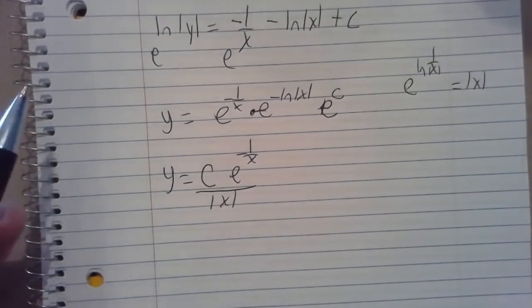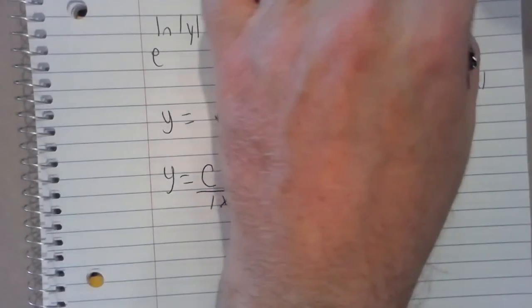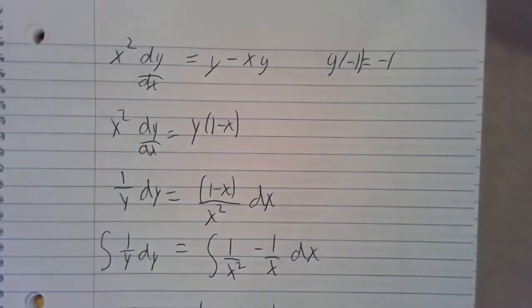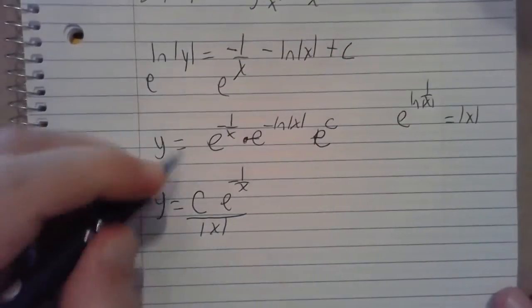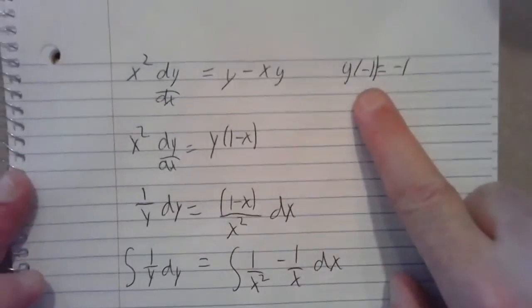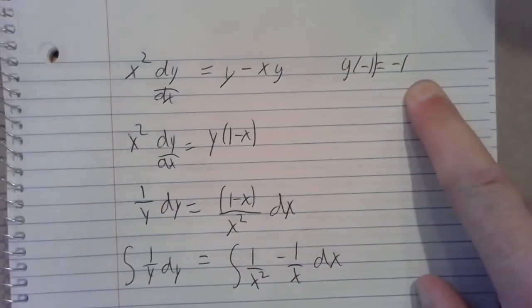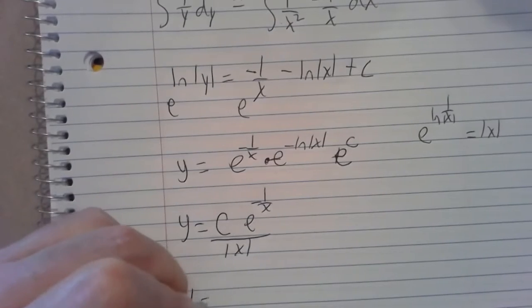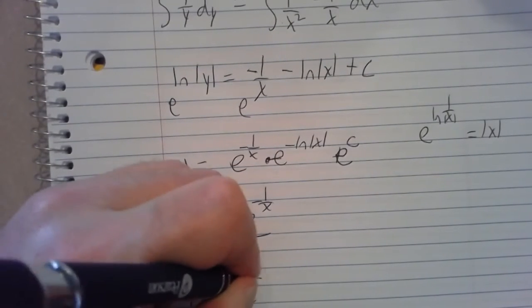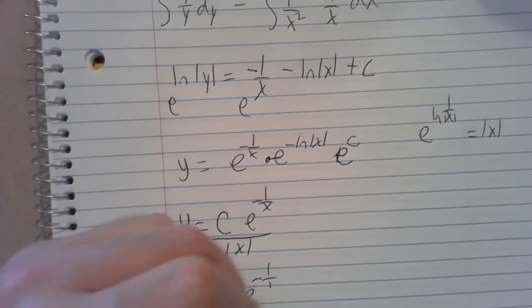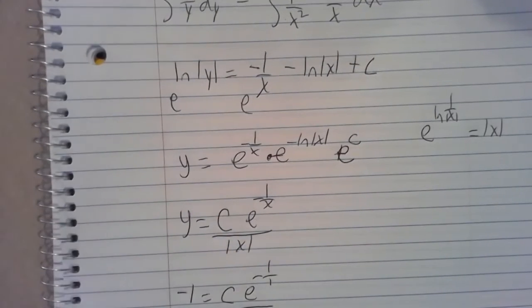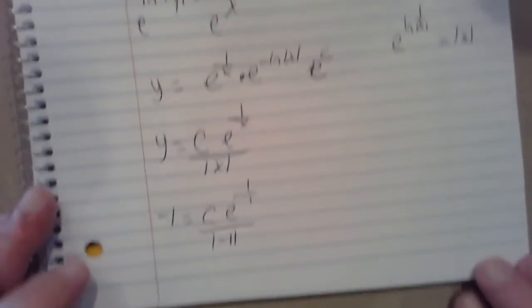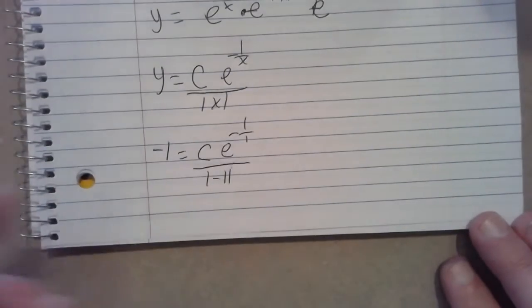Okay, now I'm going to solve the initial value condition. y of negative 1 equals negative 1. So plug in a negative 1 for x, and my answer, y, should be negative 1. So negative 1 equals c, e to the negative 1 over negative 1, over the absolute value of negative 1. e to the negative 1 is just 1 over e.